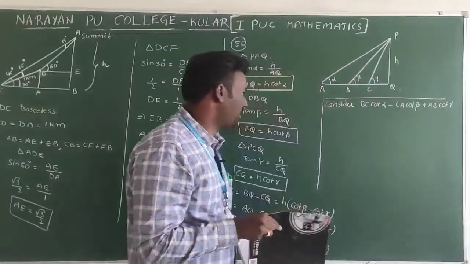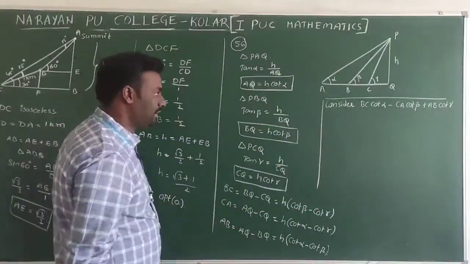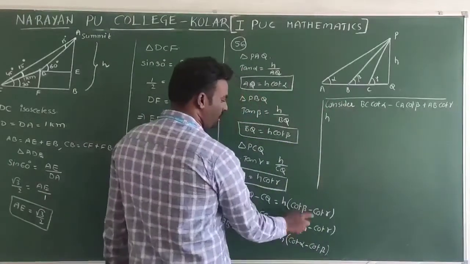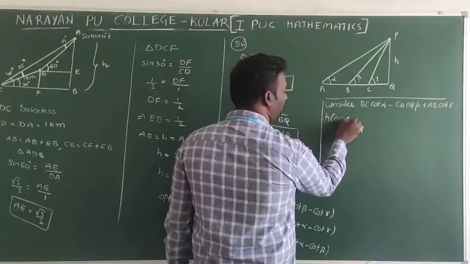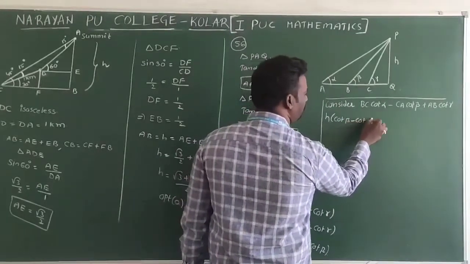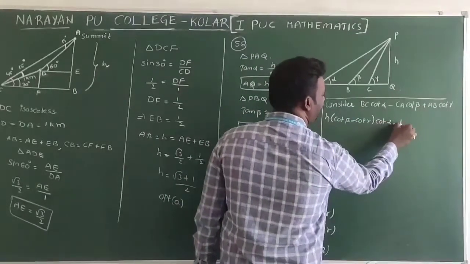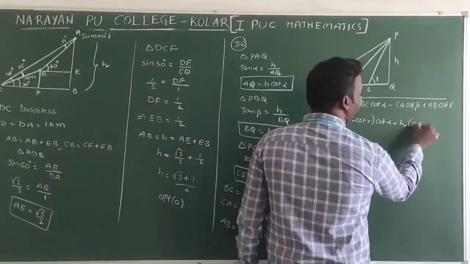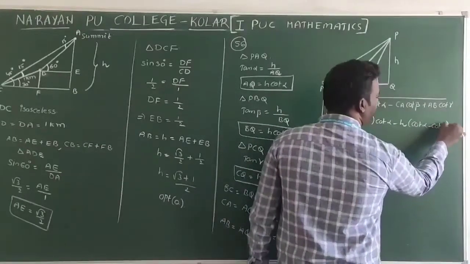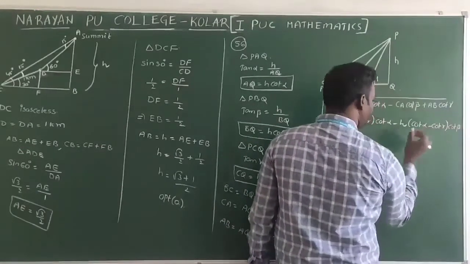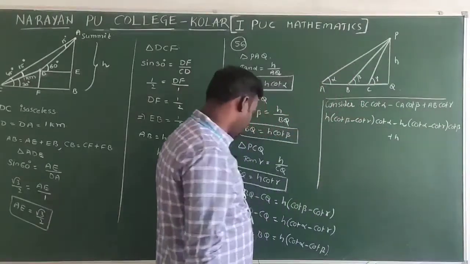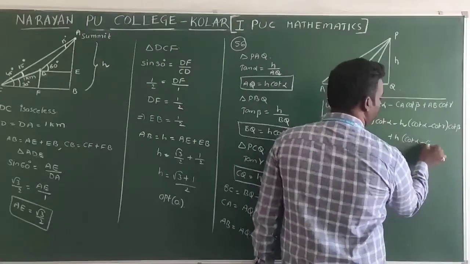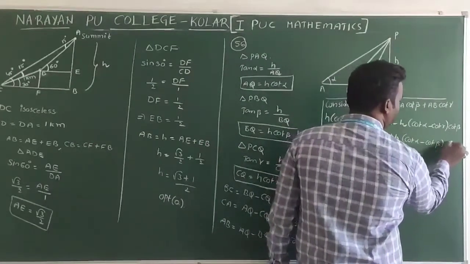Okay, now substitute one by one. Now BC is nothing but H. So cot beta minus cot gamma into cot alpha, minus CA, H common, cot alpha minus cot gamma into cot beta, plus H common, AB, cot alpha minus cot beta into cot gamma.